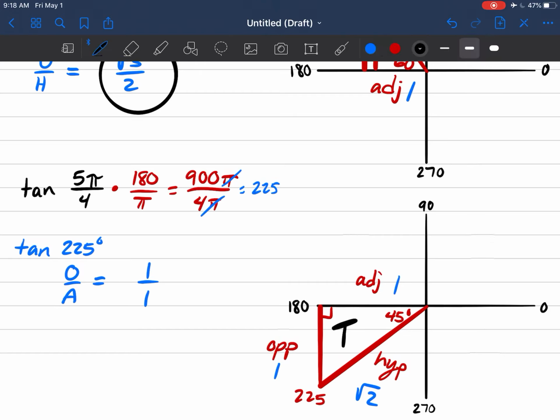So looks like we are in quadrant 3 and tangent should be positive. Sine and cosine should be negative, but we're doing tangent, so our answer will be positive. So I will just simplify this. So 1 over 1 is just 1, and it should be positive, like I just said.